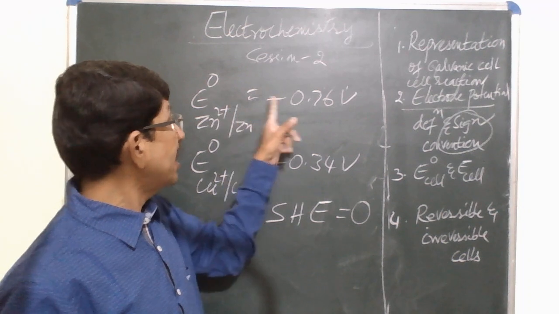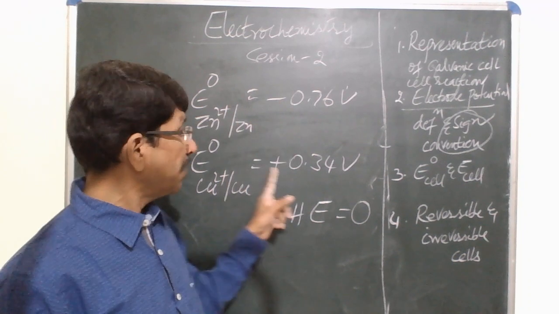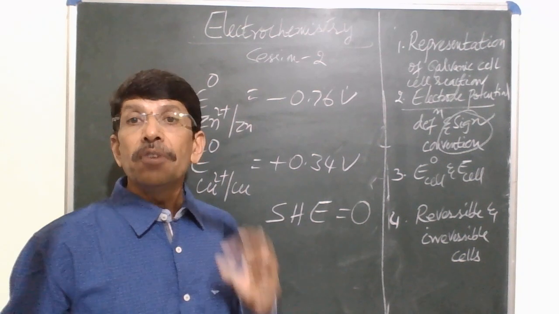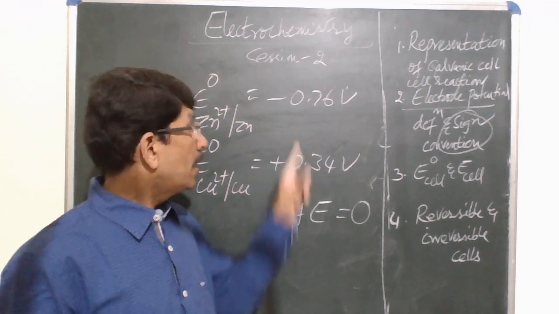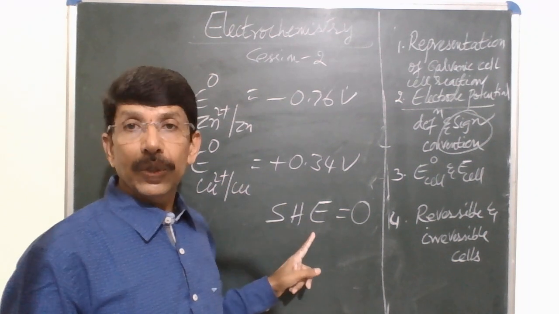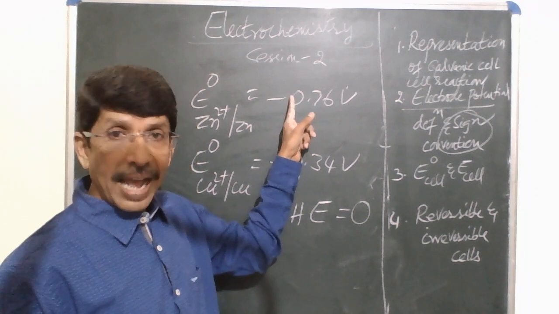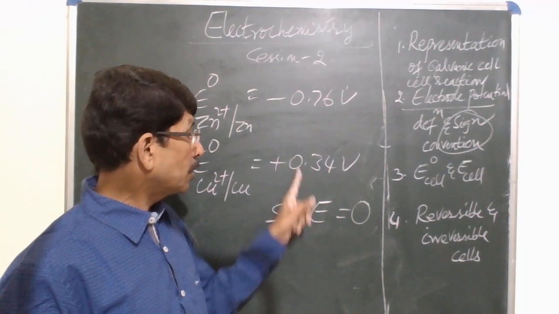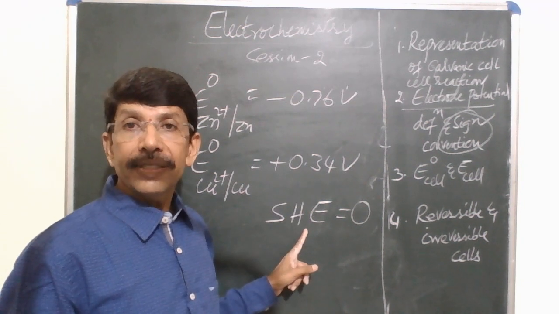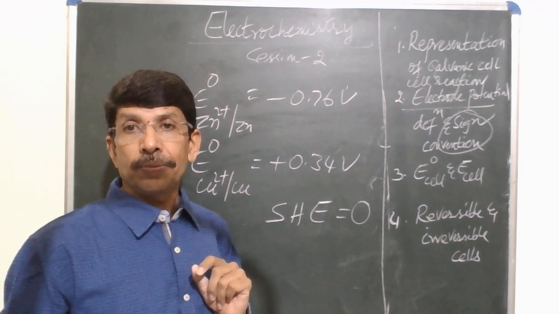Standard potential of zinc has a minus sign and standard potential of copper has a plus sign, which indicates that the zinc electrode when connected to SHE acts as anode, and the copper electrode when connected to SHE acts as cathode.